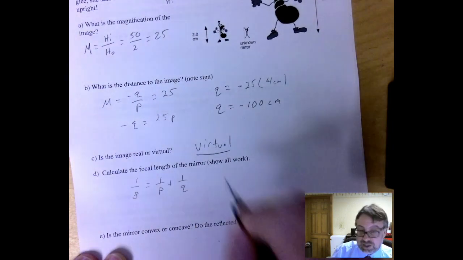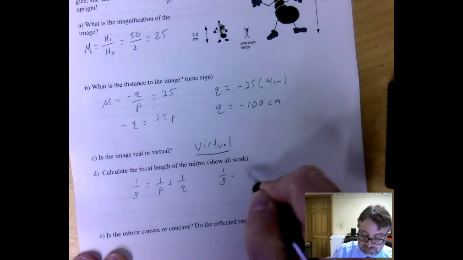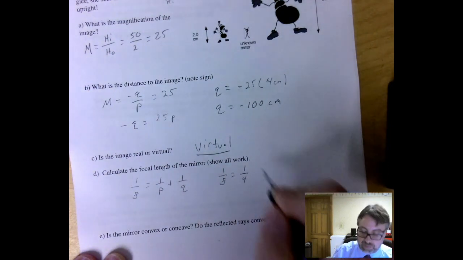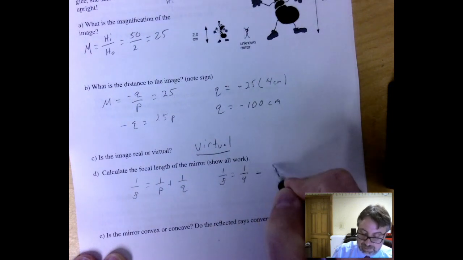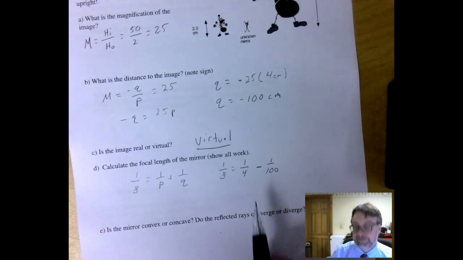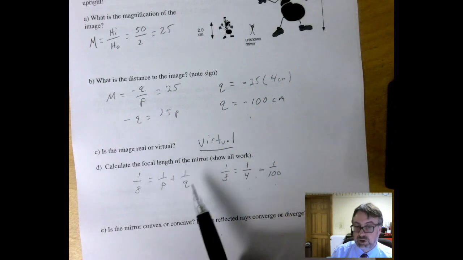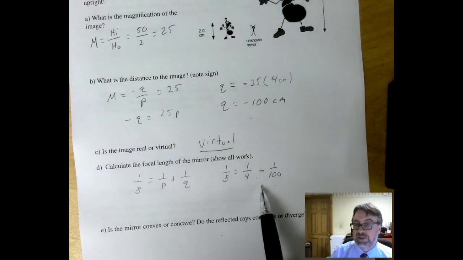And I told you I'd do this one with numbers. So I have 1 over F equals, well, 1 over P is 1 over 4. And I will be subtracting minus 1 over 100. All right, the negative sign is because the Q is negative, so this 1 over Q becomes a negative value. Now I'm going to make my life a little bit easier.